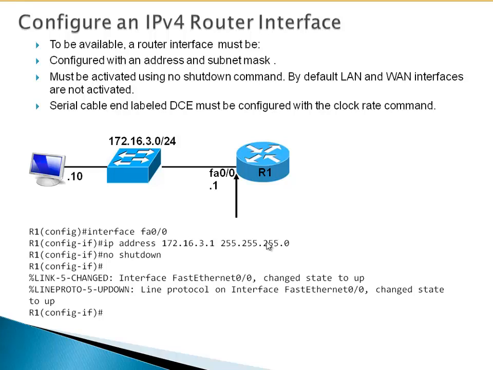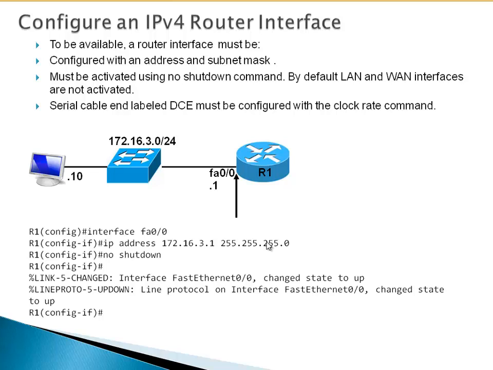Serial cables, the ones that are labeled as DCE, on a live network are mostly in the ISPs. But if you use back-to-back in the lab, one of the cables will be DCE. The one that is DCE, you have to configure the clock, because clocking is very important for it to be able to synchronize the timings.